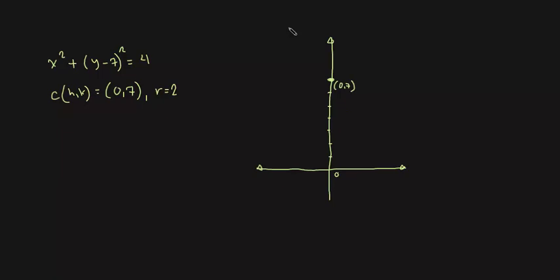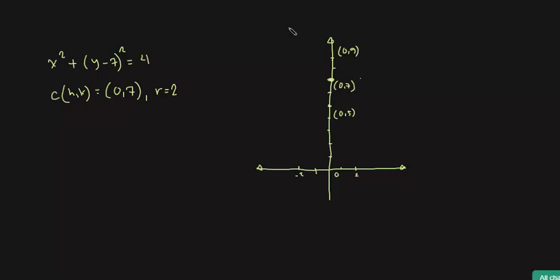For the radius, it will be below and above. Below, we have 0, 5. And if we add 2 units going above, that will be 0, 9. Next, we have 2 units for the x, from the center to negative 2 and positive 2.